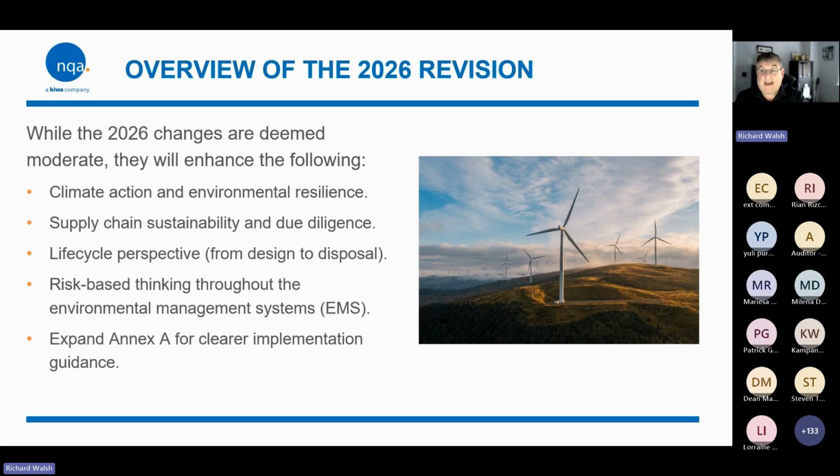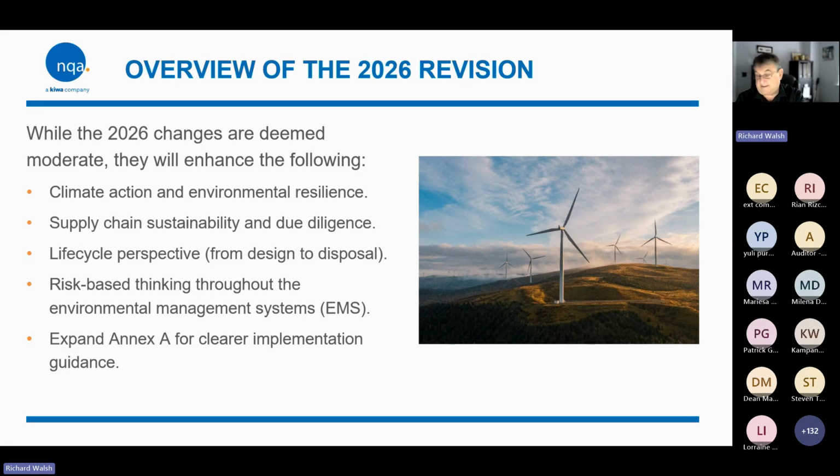Enhanced areas include climate change, climate action, and environmental resilience; supply chain sustainability and due diligence; a slightly more focused view on a life cycle perspective. That term was in the 2015 standard, but the use of it has been enhanced a little. Also slightly more emphasis on risk-based thinking throughout the whole environmental management system, and a greatly expanded Annex A.